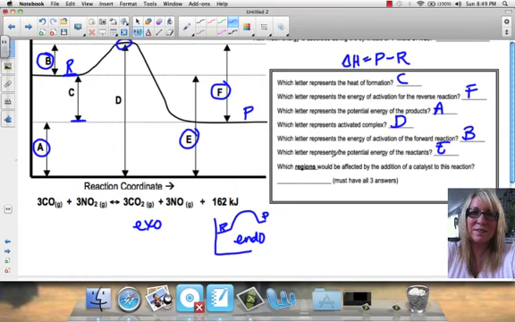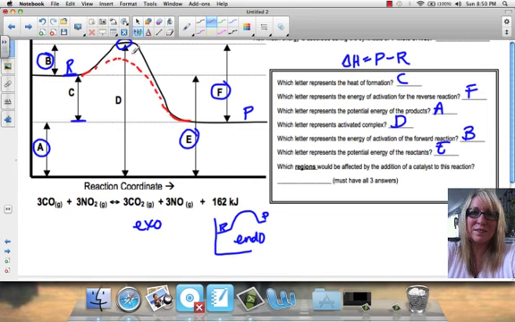And what regions would be affected by the addition of a catalyst? If I add a catalyst, the catalyst is going to go like from here to here. Okay? It starts where the reactant line starts. It finishes where the product finishes. All it does is lower the amount of activation energy by creating an alternate pathway.